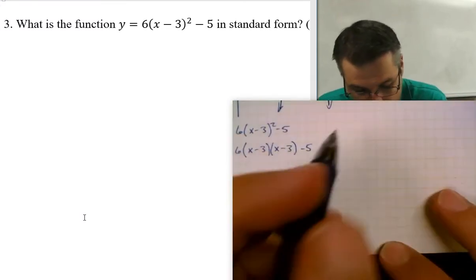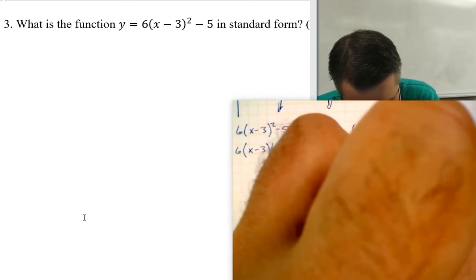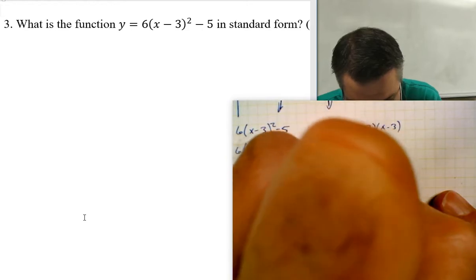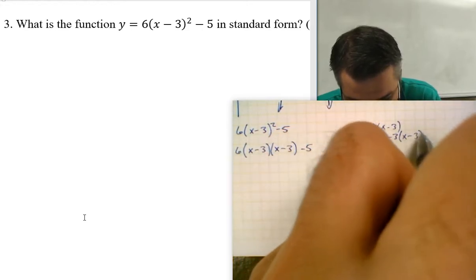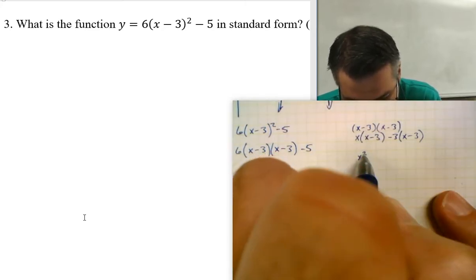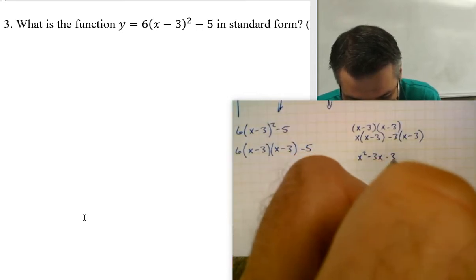So off to the side, I'm going to do the work for the x minus 3 times x minus 3. Remember, we separate that, so we'd say x times x minus 3 minus 3 times x minus 3. Then we'll distribute, so x times x is x squared. X times -3 is -3x. -3 times x is -3x.